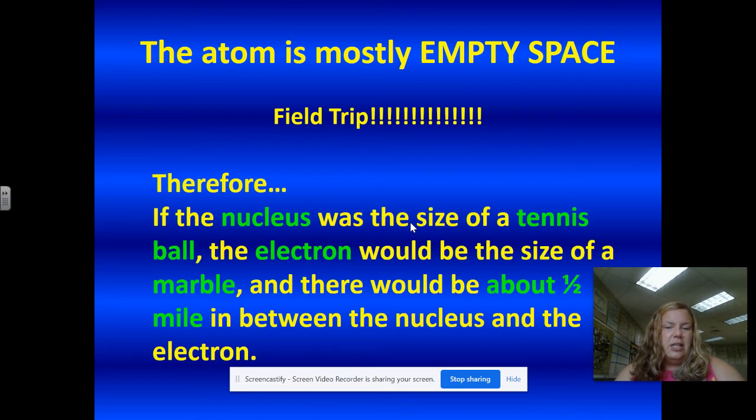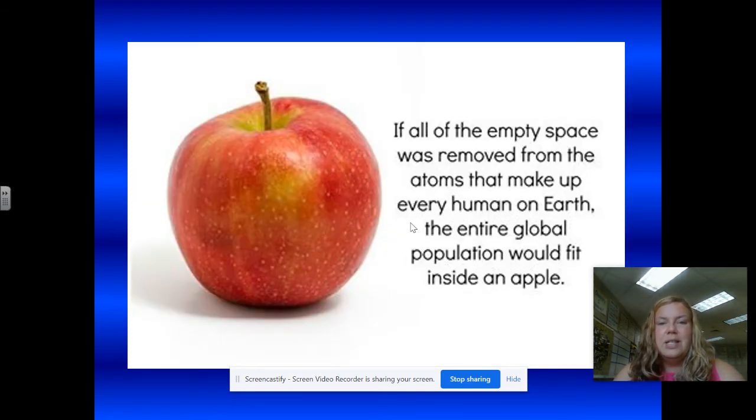Here's another way to think about it: if the nucleus was the size of a tennis ball, there would be about a half a mile between the nucleus and the nearest electron. I love this little fact, and actually this was made before the population was over 7 billion.